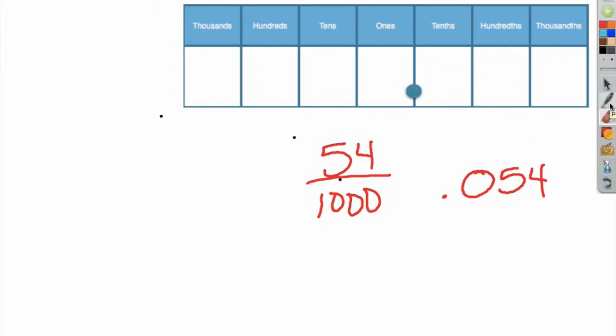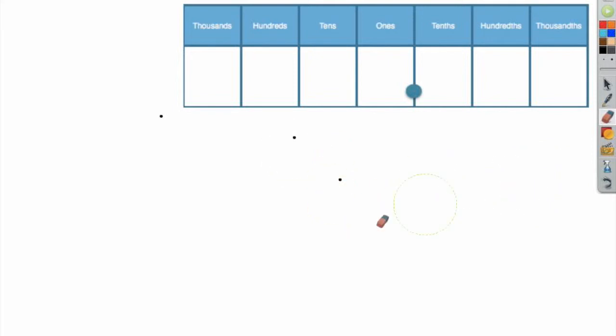So do you see how that works? I think I need to try something tricky now then, because obviously that one didn't stump you guys. That was too easy. Let's try something different.